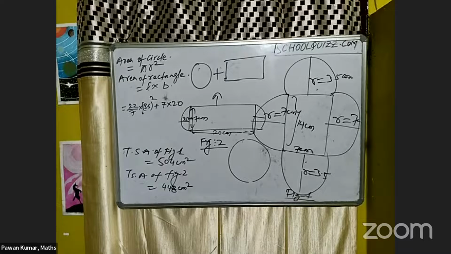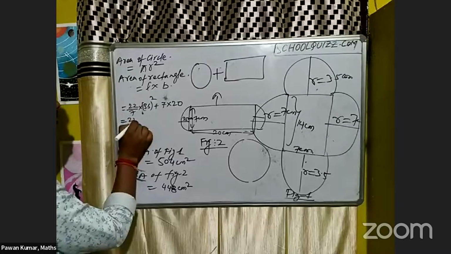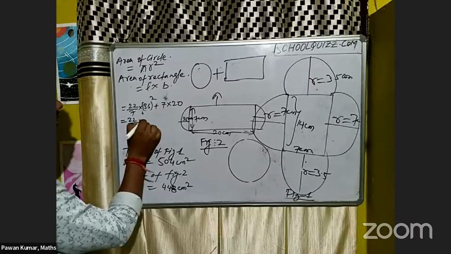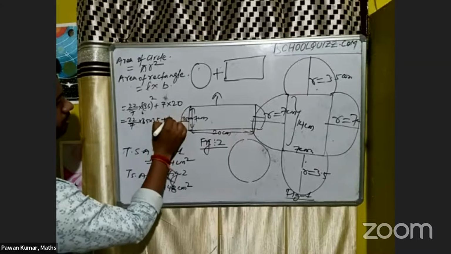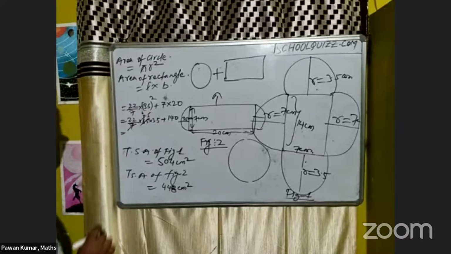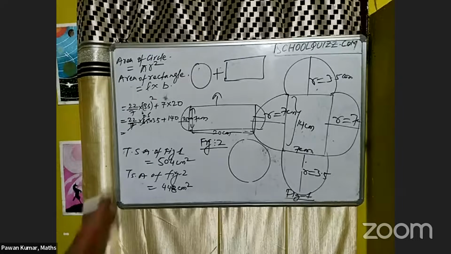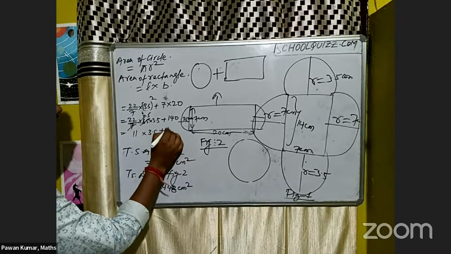So 22 by 7 into 3.5 into 3.5 plus 140. This will be cancelled, so I can get 11 into 3.5 plus 140.